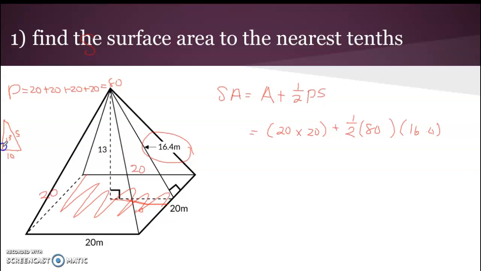This is where, when I was talking about the Pythagorean theorem in the cone example, you would do something like 10 squared plus 13 squared equals s squared, and that's where the 16.4 came from. So even though they are kind of straightforward, you have to be able to identify this and apply the Pythagorean theorem to get these.